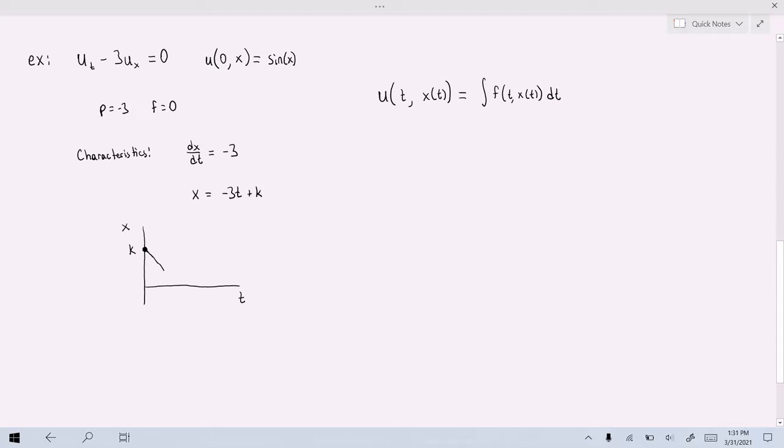And we have an initial condition here. So this is when t is equal to 0. So we usually think of t as representing time. So we're saying when time t is 0, so initially, our function u should look like the sine function.